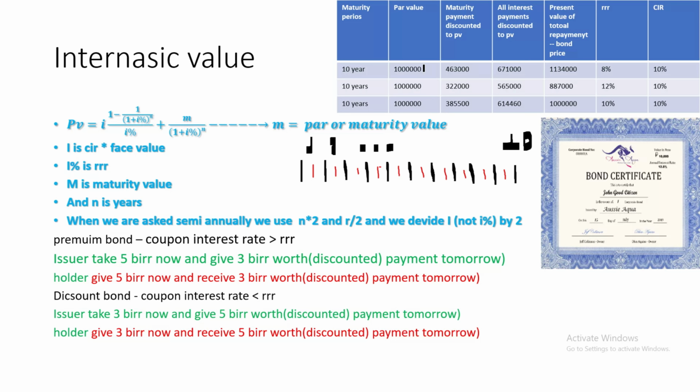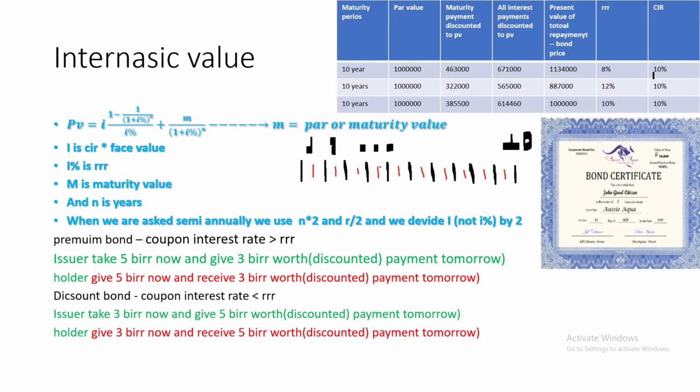The same applies with the coupon interest rate. However, if the information given says that the issuer pays semi-annually rather than annually, simply we will divide every year by half.